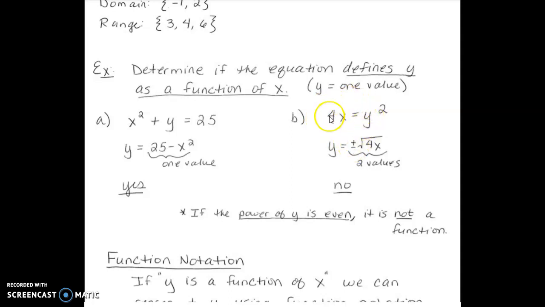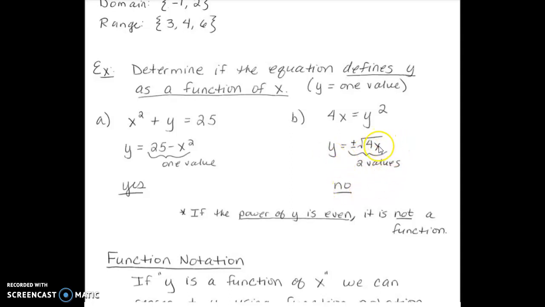So getting y by itself gives me y equals plus or minus the square root of 4x. Notice here when I solve for y, I get two values, both the positive and the negative of the square root of 4x. Given one x plugged in here, I get two results for y. So that means this is not going to be a function.